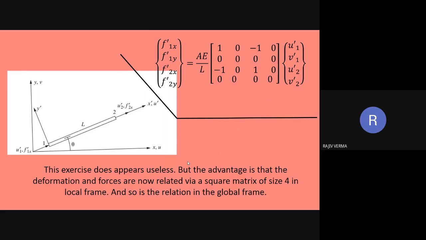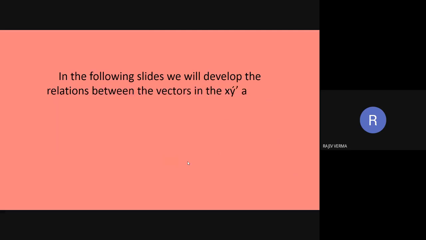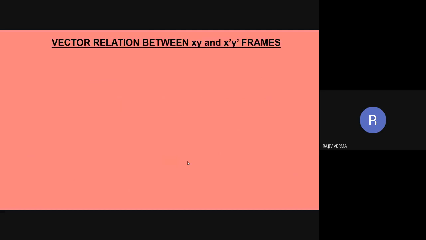In the next slide, we are going to develop a relationship to represent a vector in the global and a local coordinate system, for which we have a global system represented by xy, and there happens to be a vector which has been drawn in green color.